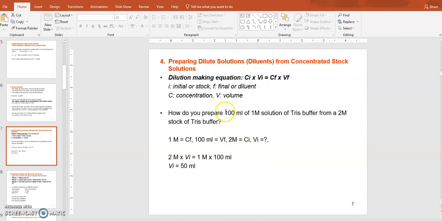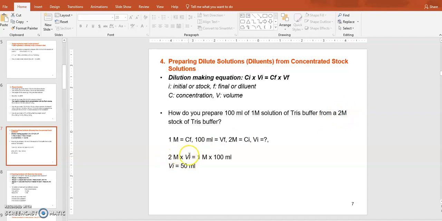Let's practice. How do you prepare 100 ml of 1 molar solution of tris buffer from 2 molar stock of tris buffer? So what you already have is a 2 molar stock solution of tris buffer, right? From there, you need to dilute it to make 100 ml of 1 molar solution. So in this case, Cf is 1 molar, and Vf is 100 ml. So 1 molar times 100 ml equals the stock solution concentration, which is 2 molar, times how much of that you need.